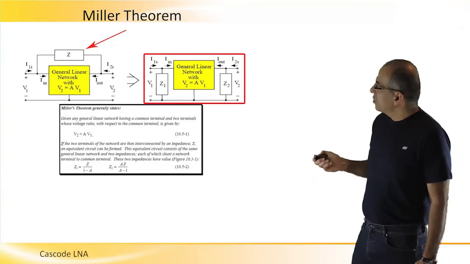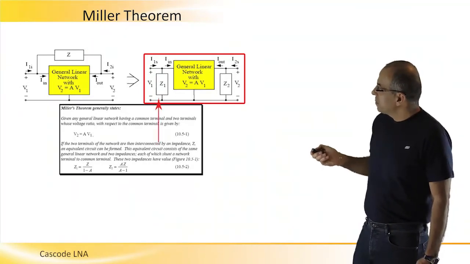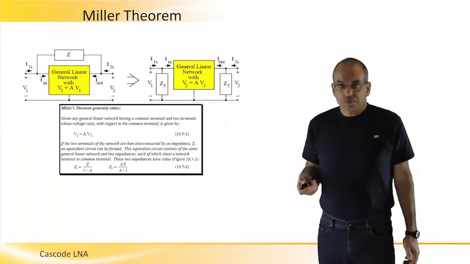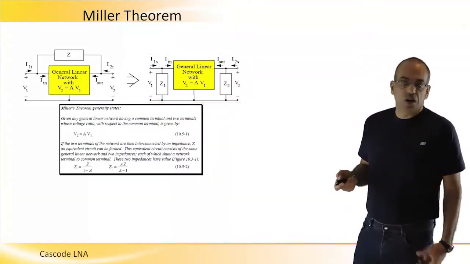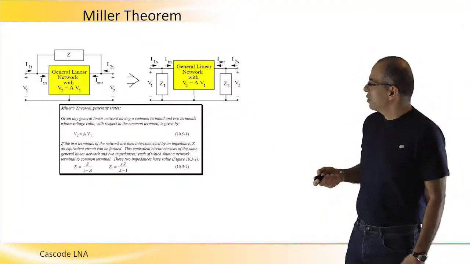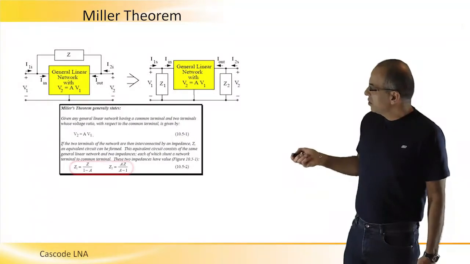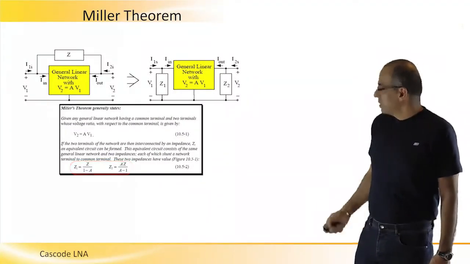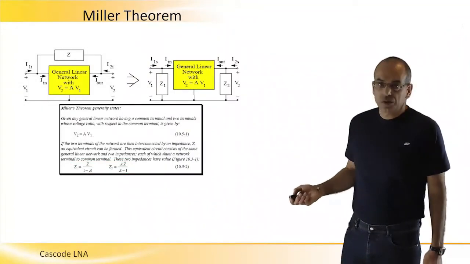The feedback will be replaced by an input impedance and an output impedance. And if we want to know how to calculate these two new impedances, we can look at the expressions here that will tell us exactly how to do it.